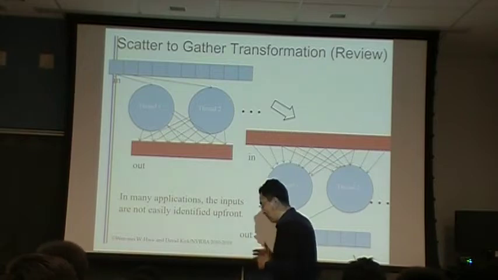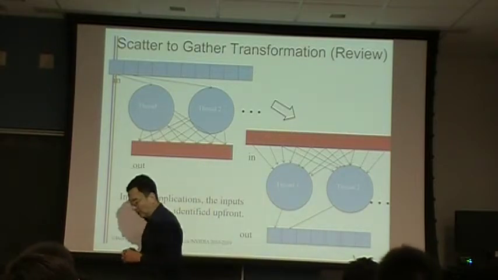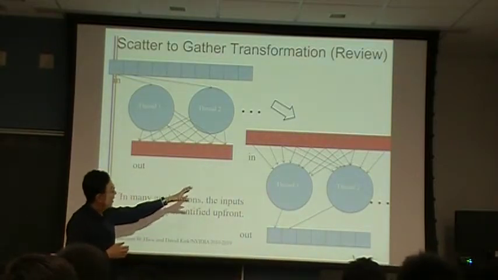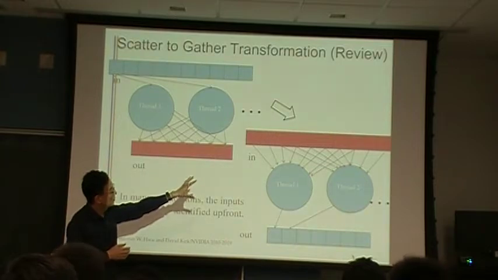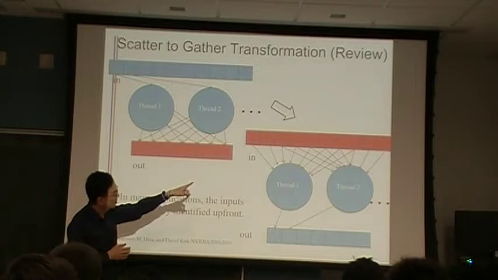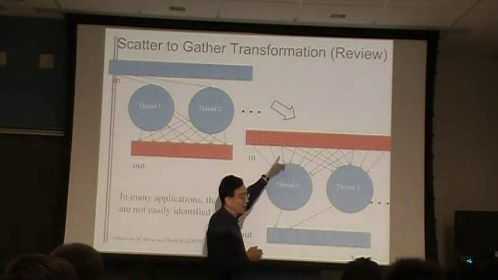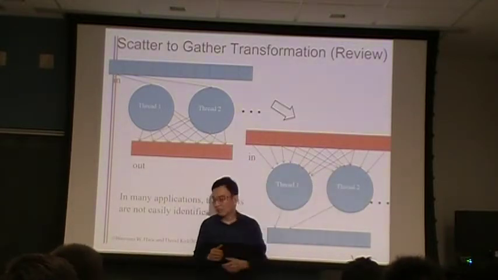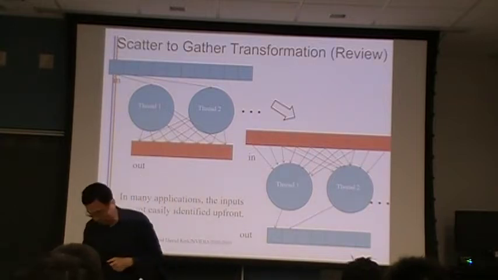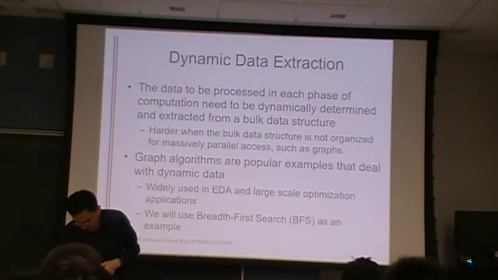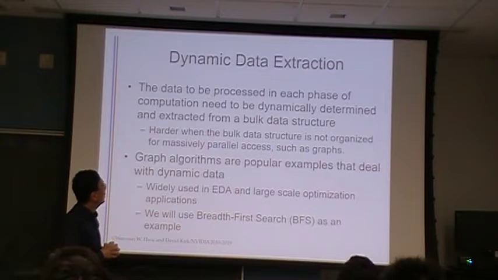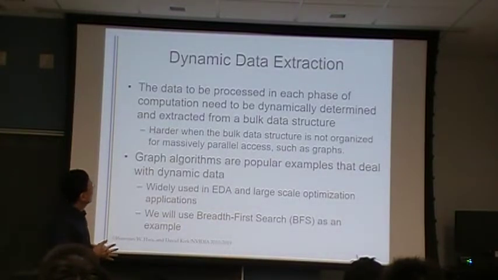But in the graph type of computation, we are not able to determine upfront what each thread should be processing. So this makes the scatter-to-gather calculation a lot more difficult. That's why we're going to be using these dynamic data extraction techniques.